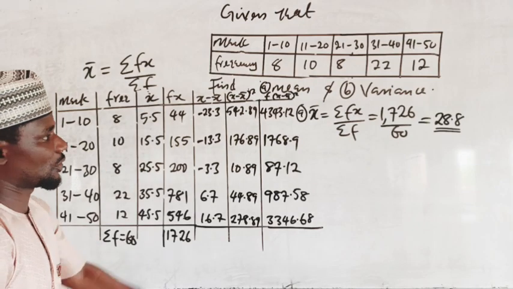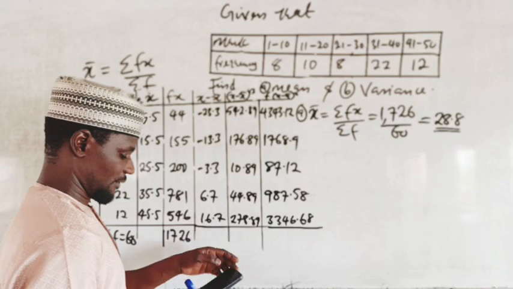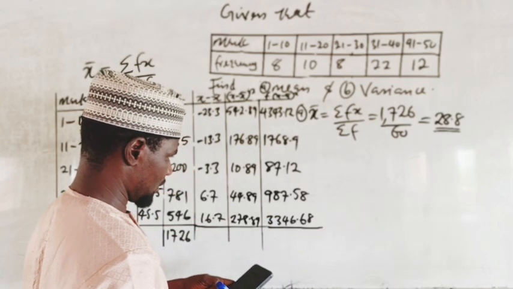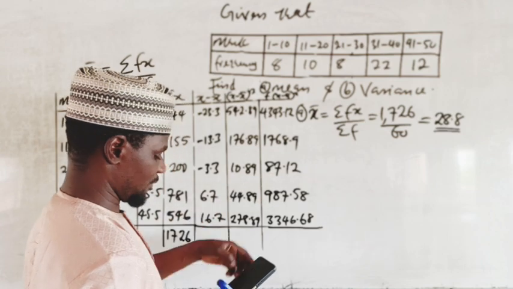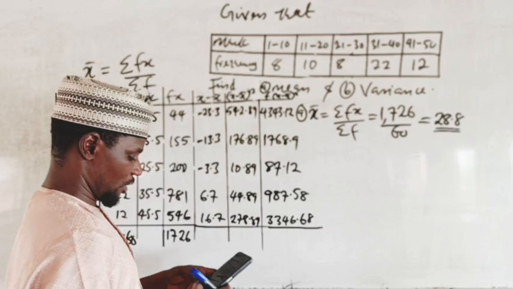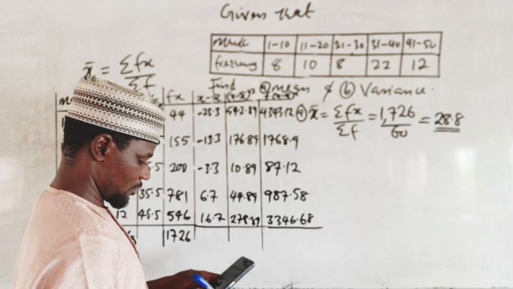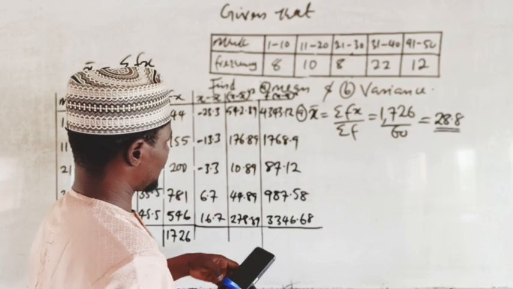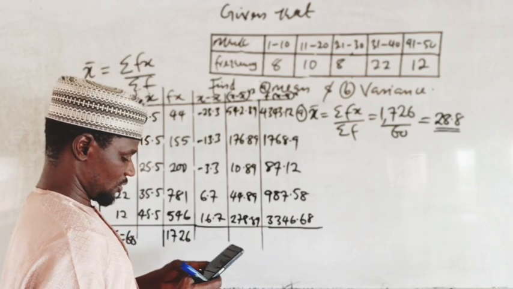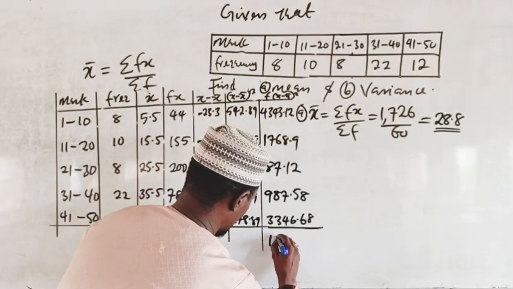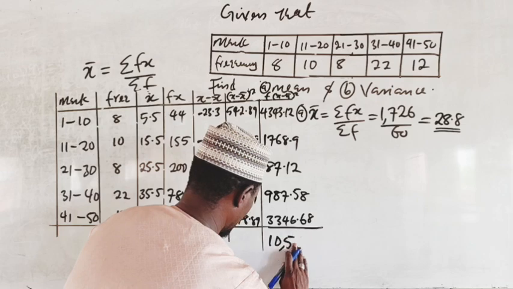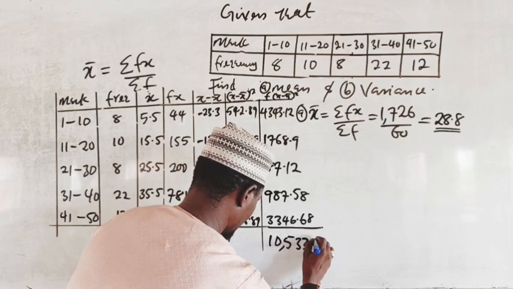So next I sum these figures: 3,346.68 plus 987.58 plus 87.12 plus 1,768.9 plus 4,343.12. The answer is 10,533.4.